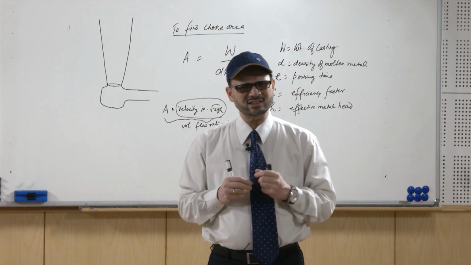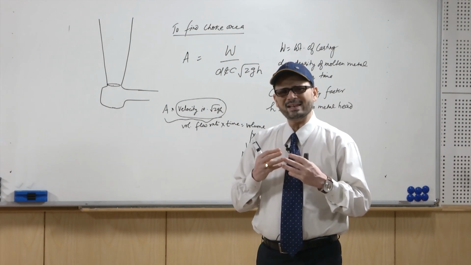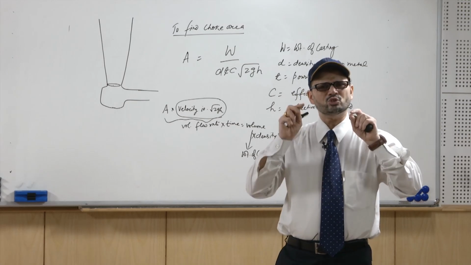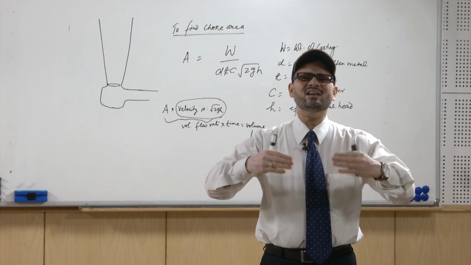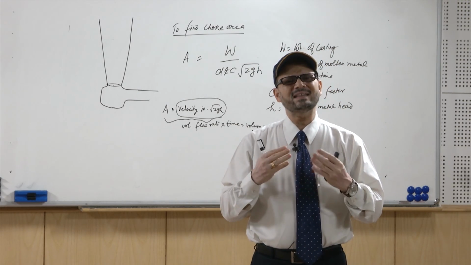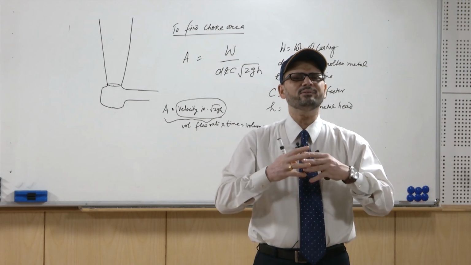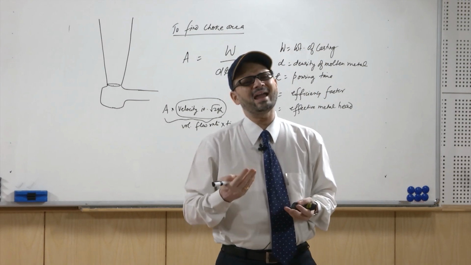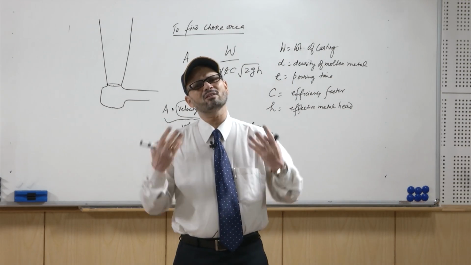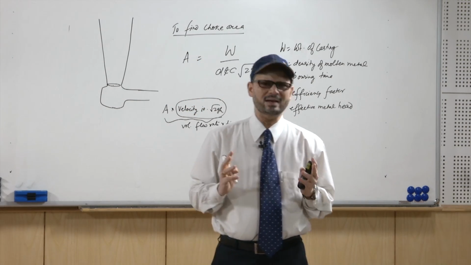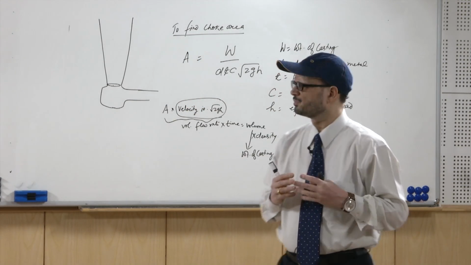In some cases, you feel that your metal should go into the cavity as early as possible, because if it does not go early, it will lose its superheat and it may lead to another kind of defects, temperature related defects like cold shut or misrun.